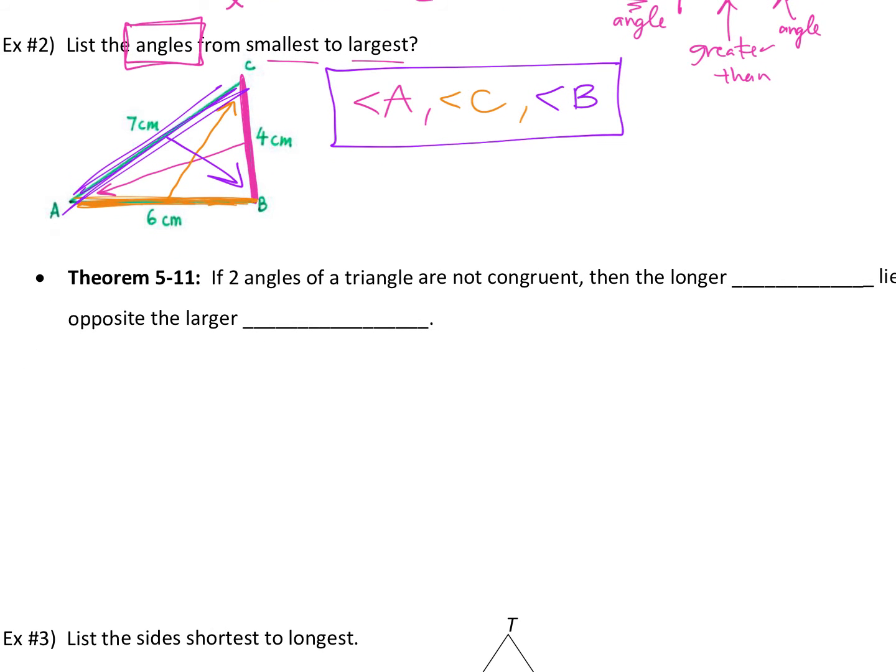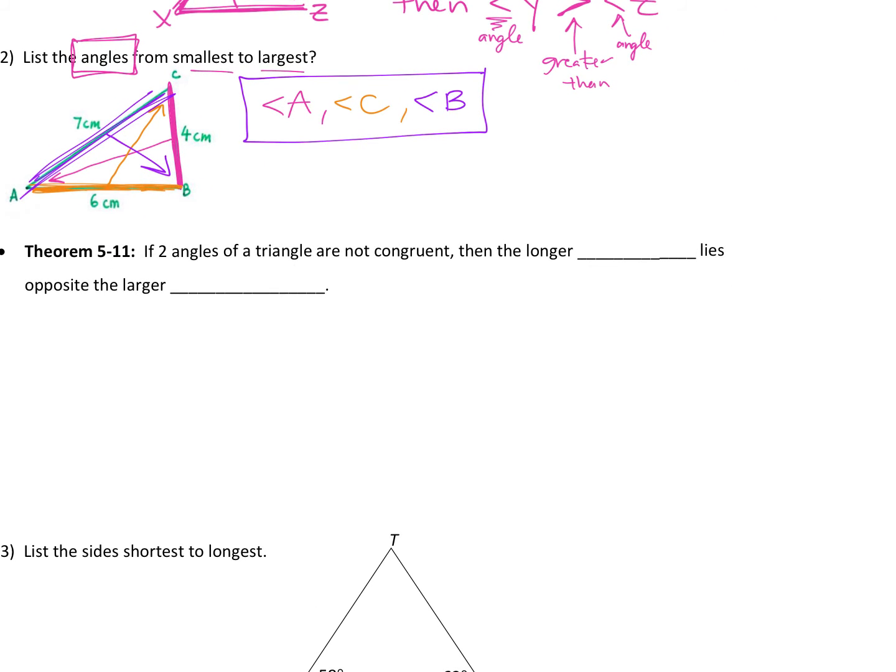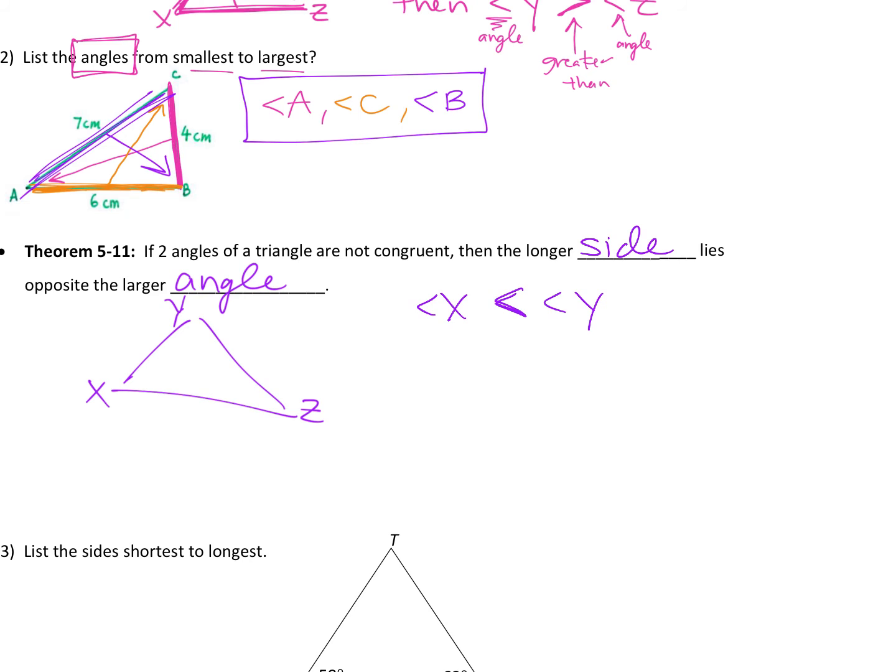Theorem 5.11 just kind of reverses that. Theorem 5.11 says if 2 angles of a triangle are not congruent, then the longer side lies opposite the larger angle. Okay, so it's going to look nearly identical. If you had a triangle like this again, X, Y, and Z, now we're going to say, if I know angle X is smaller than angle Y, this is our less than, the other ones are angles.